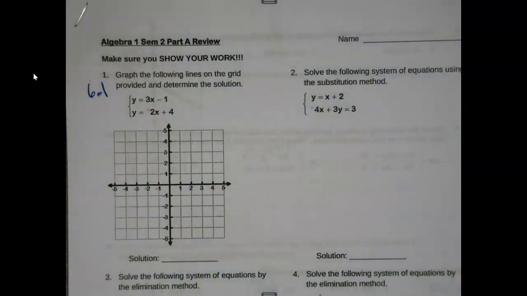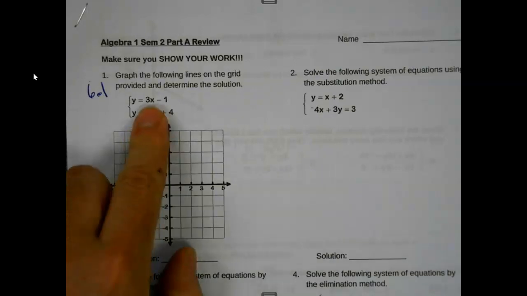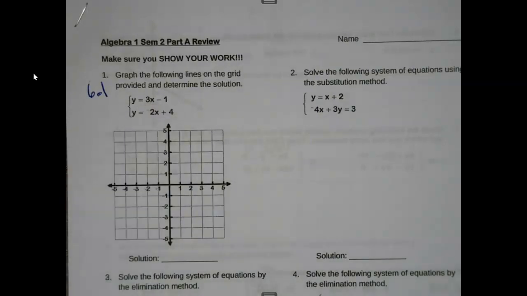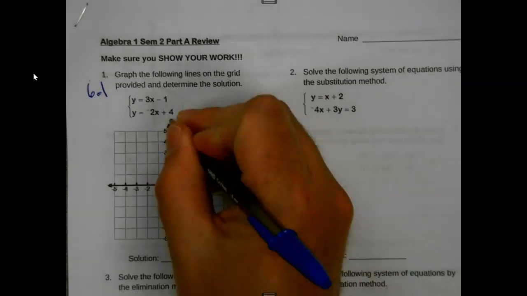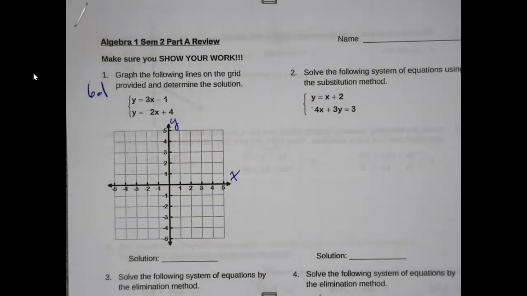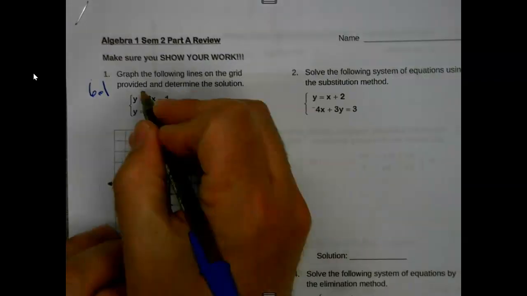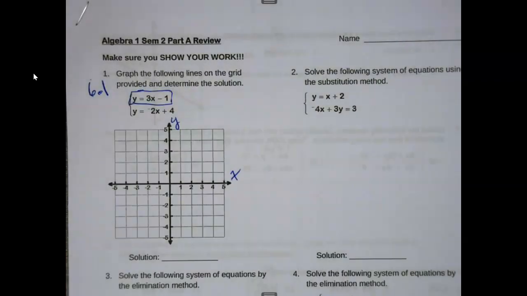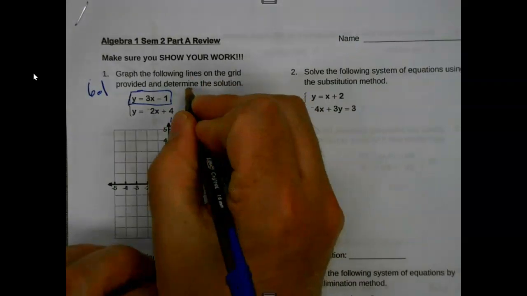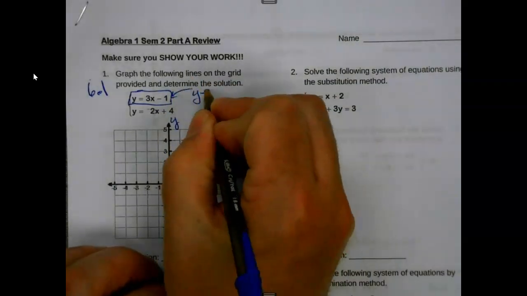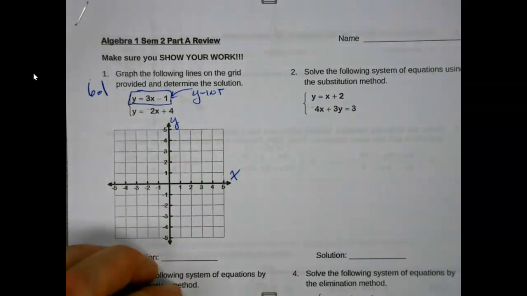So I've either got to remember, using my noggin, how to graph this, or I have an option. I could use the calculator. So I'm going to give you options here. We'll see how this goes. If I'm just doing my regular graphing, my number on the end is my y-intercept.